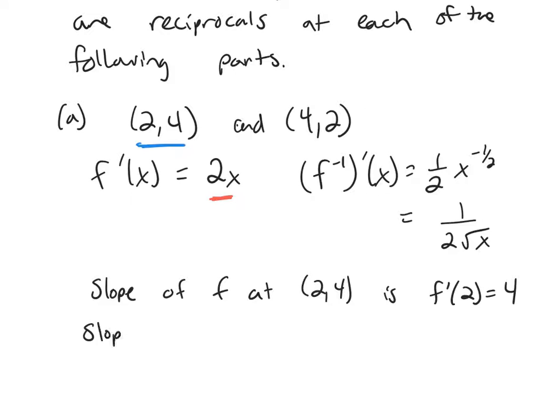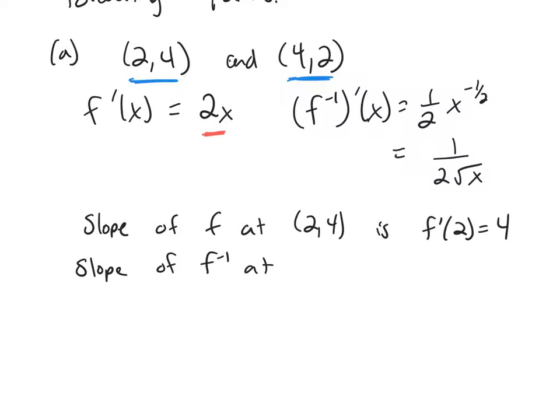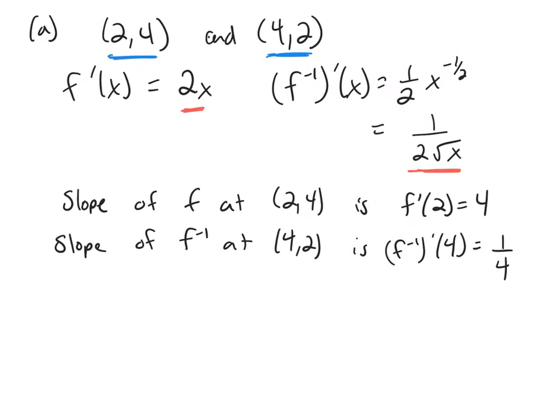And now let's look at the slope of the inverse function at the other point, which was 4, 2. So now you're going to use the derivative of the inverse function over here, f inverse prime of 4 would be, if I plug in 4, I'm going to get 1/4. And if I look right here, these are indeed reciprocals of each other.